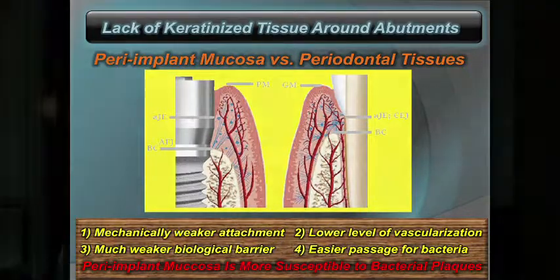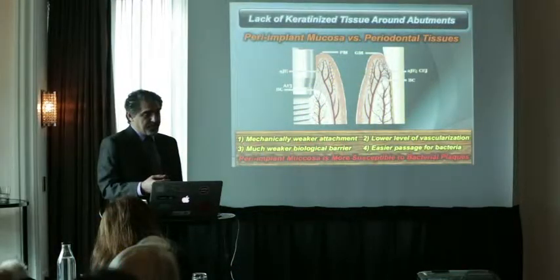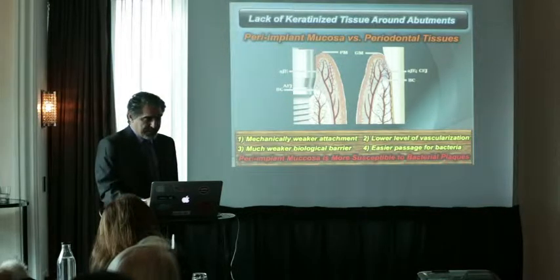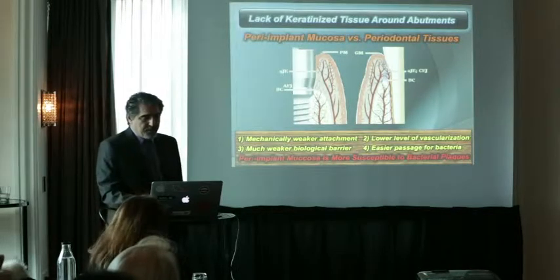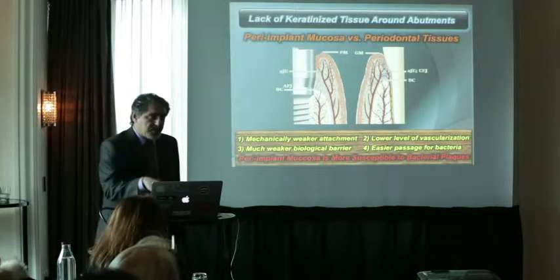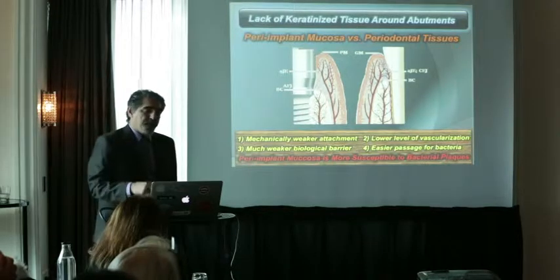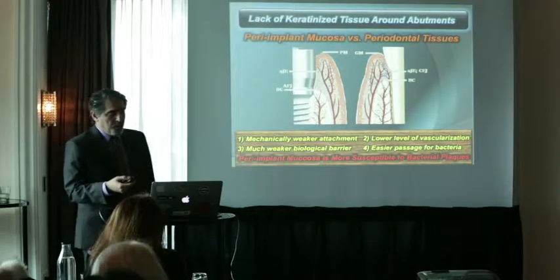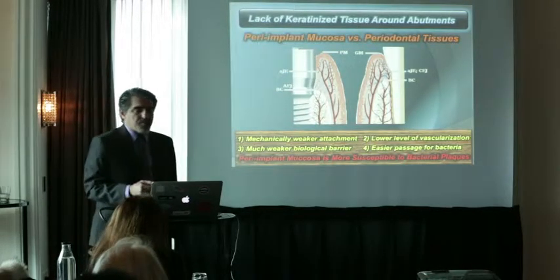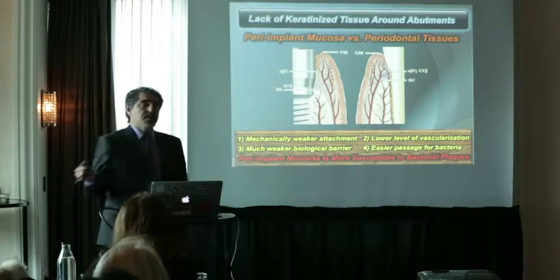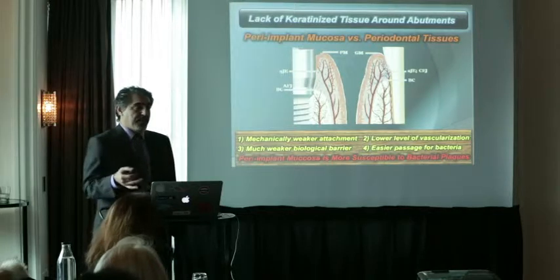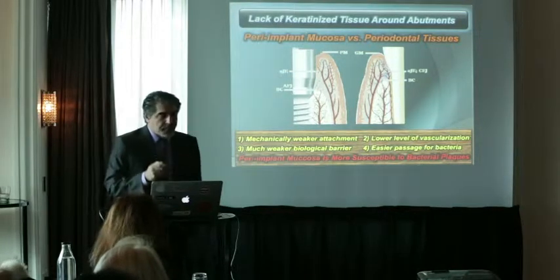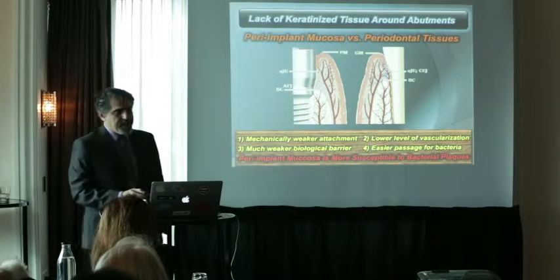The biological barrier is not there. There's basically no barrier protecting the level of the bone or the crest of the bone, and bacteria can go in much easier around the implant. And for that reason, peri-implant mucosa is much more susceptible when you compare it to the natural dentition when the bacterial plaque is going to form. So we have to keep this in mind, okay?